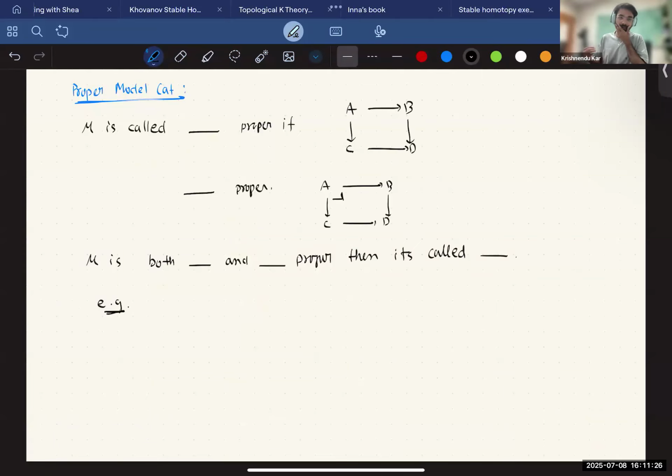We'll see more examples with time, with spectra, with chain complexes and abelian groups and all that. But for now, these two examples are sufficient.